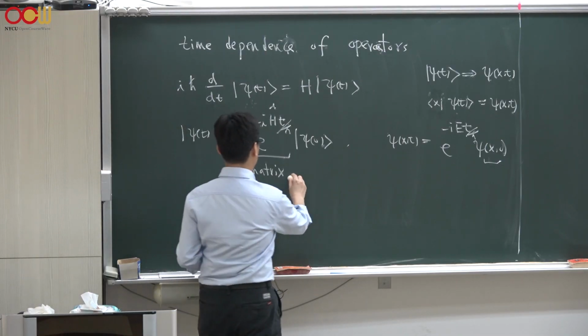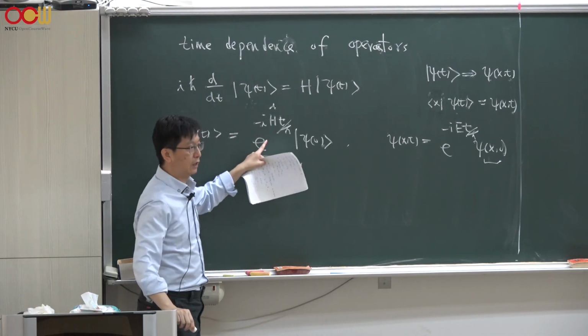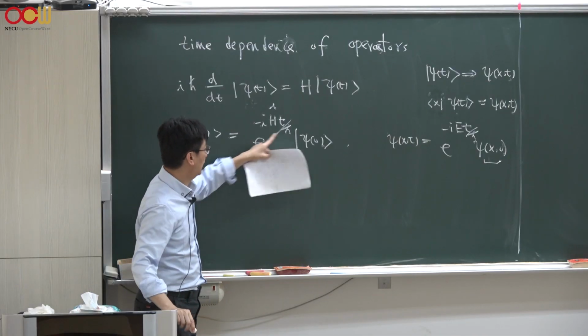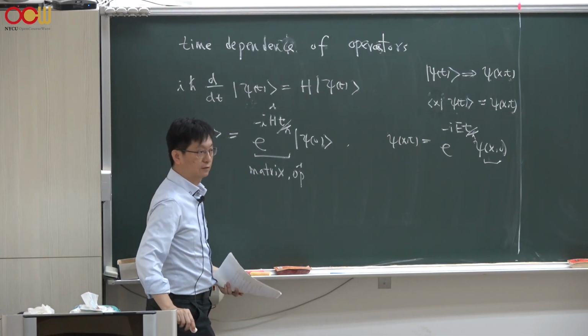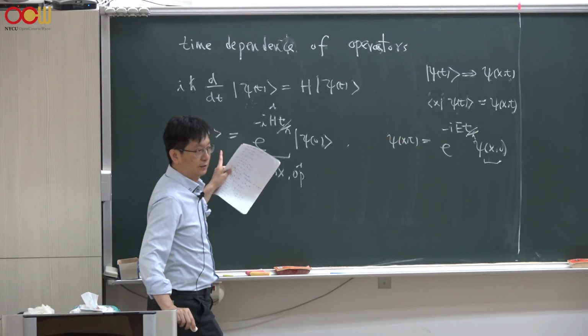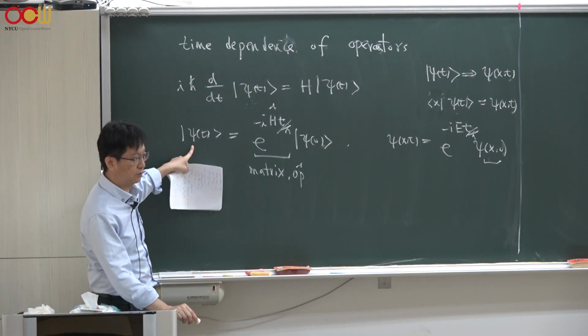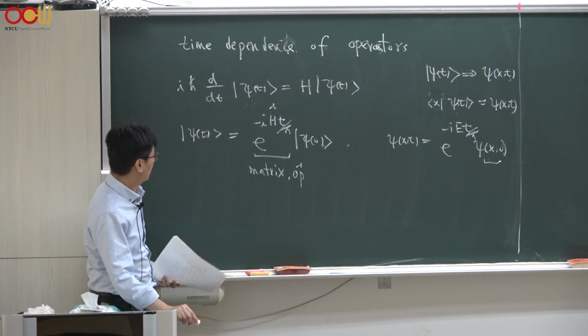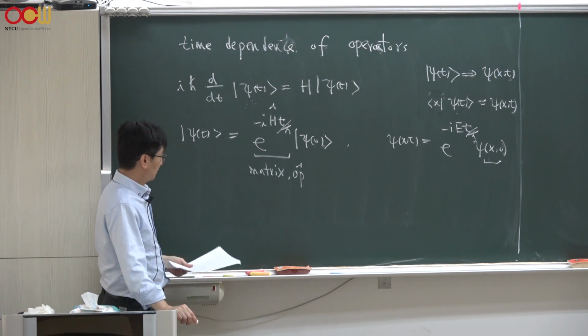So this is the operator in the exponential form acting on this Dirac ket, which gives another ket, which is precisely psi of t. It's a Dirac ket written here.